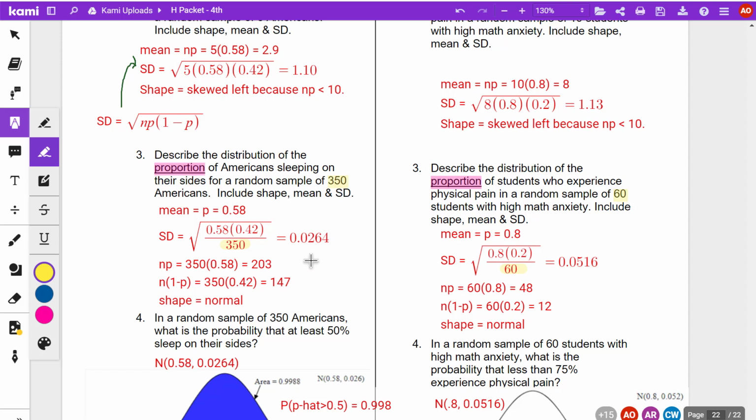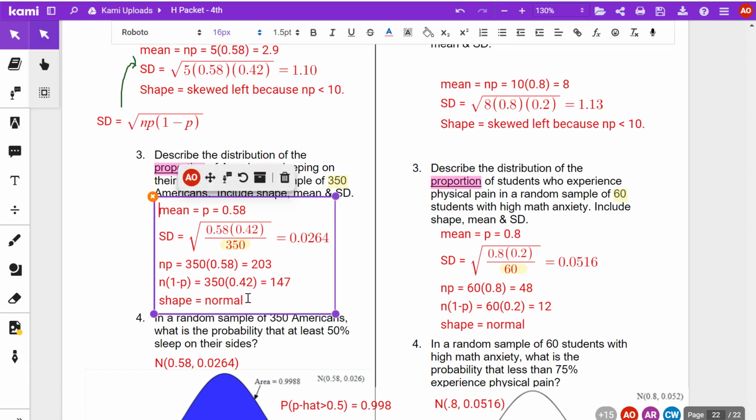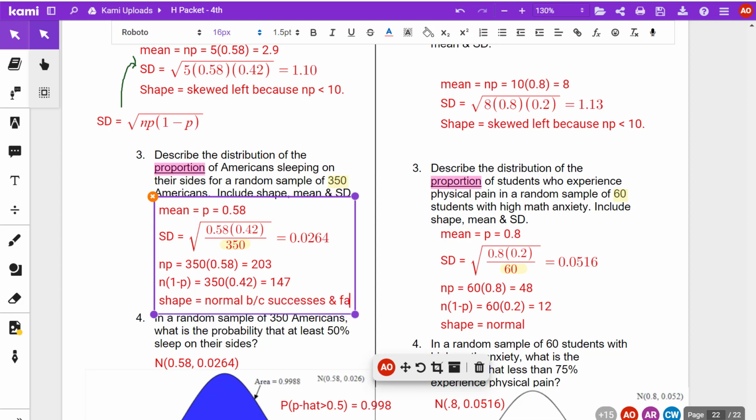Now I want to know if I can use a normal distribution. So that's the large counts condition. If I do n times p, 350 times 0.58, I get 203. And then n times 1 minus p is 147. All right, so it's normal because successes and failures are at least 10.